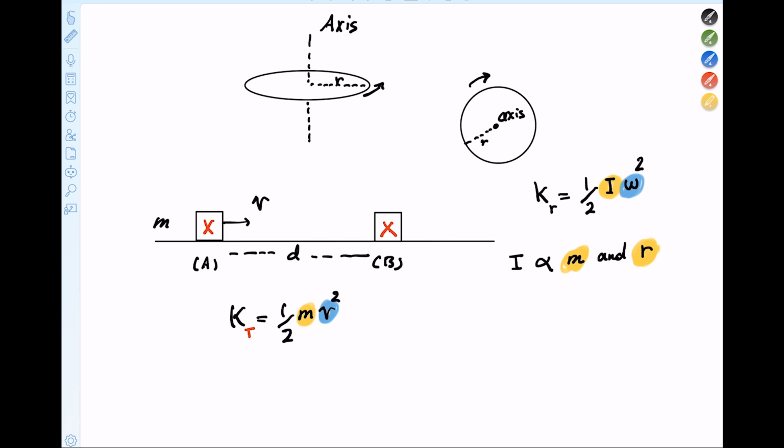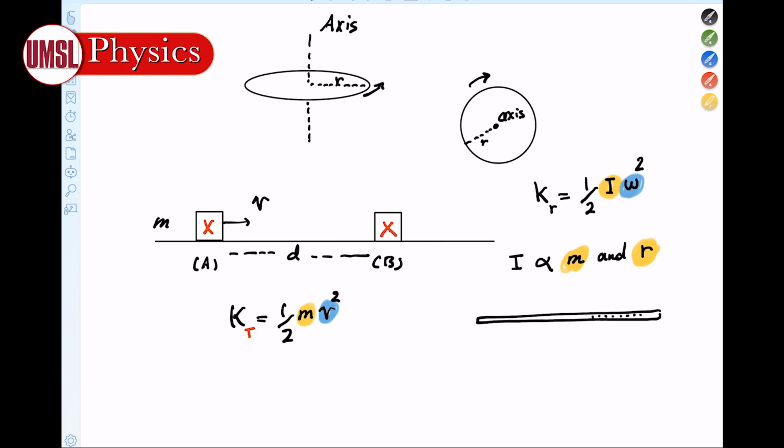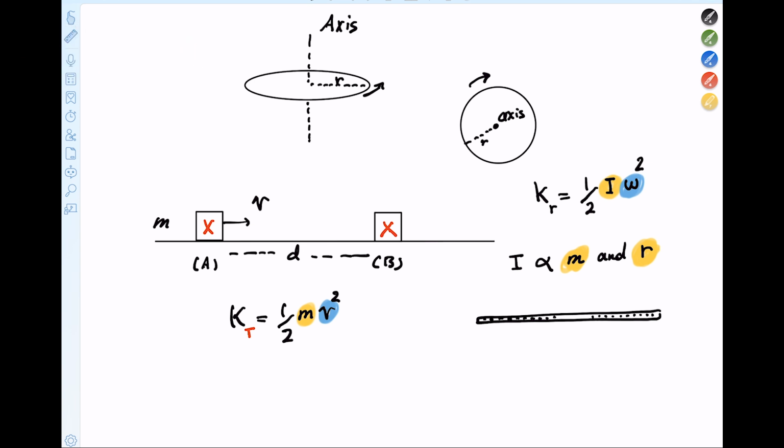For example, if you have a piece of metal, a rod or something, all of these molecules in that metal are distributed in a different manner compared to, let's say, a cylinder. The distribution is different because this radius r is a lot bigger than this radius.